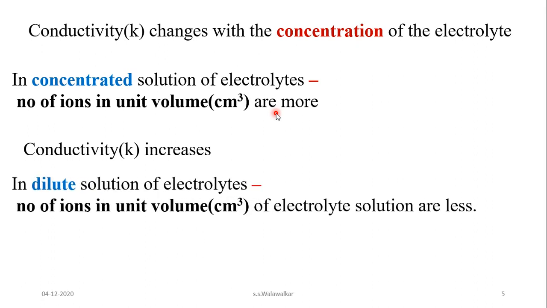But in dilute solution, the degree of dissociation increases, the number of ions increases, but the number of ions in unit volume of the electrolyte solution is less, and therefore conductivity decreases in dilute solution.